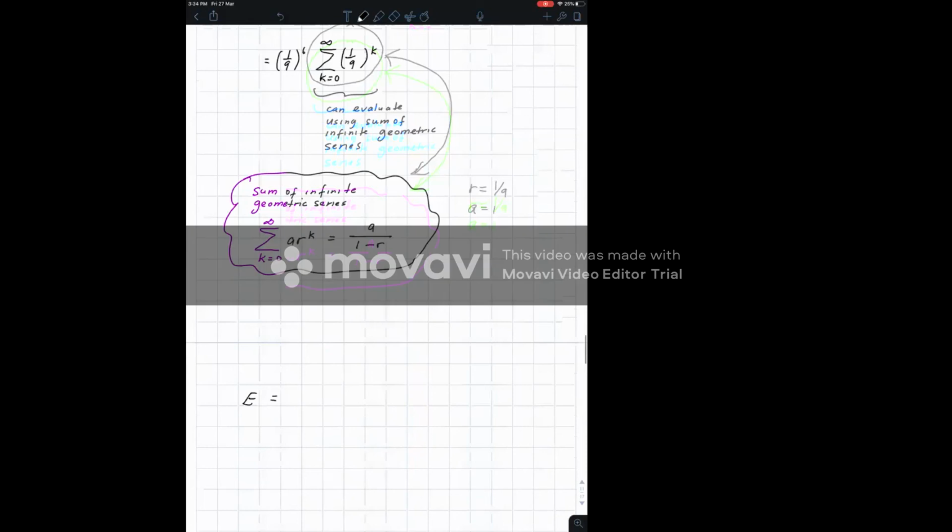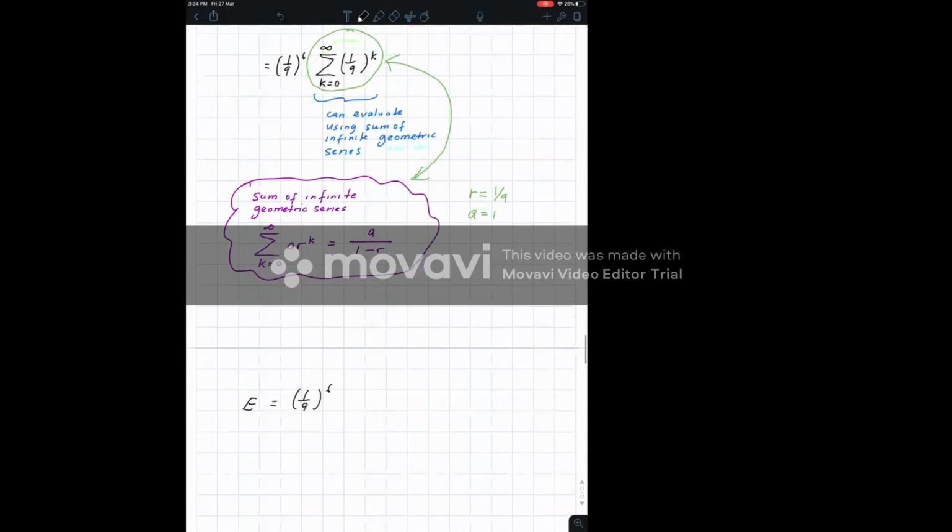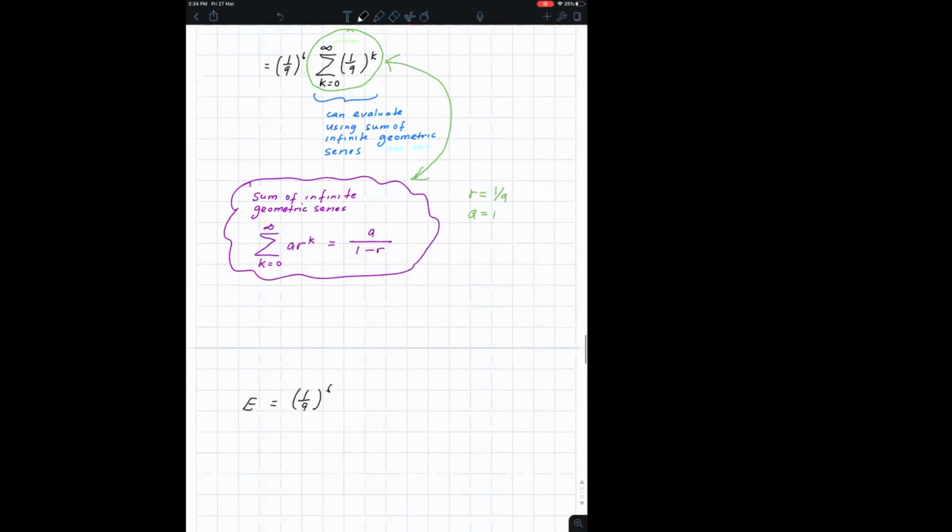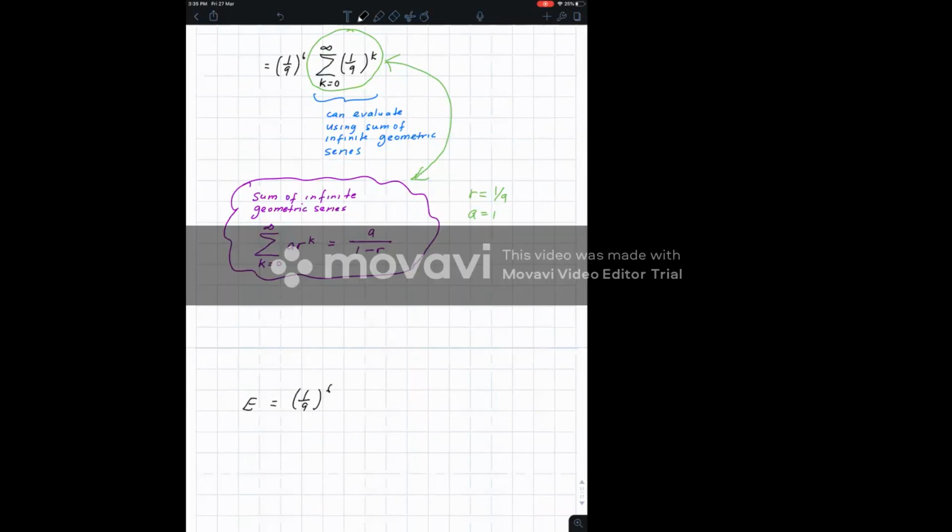I'm looking at this formula here, and we also know a and r. So a is what? a is 1, right? Then what is r? r is 1/9.